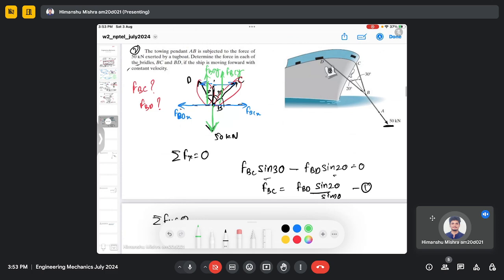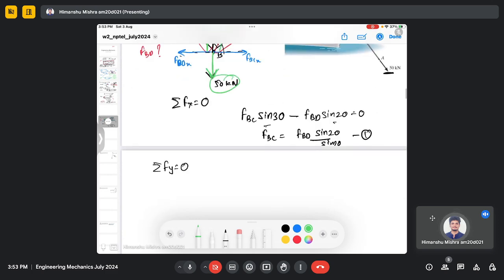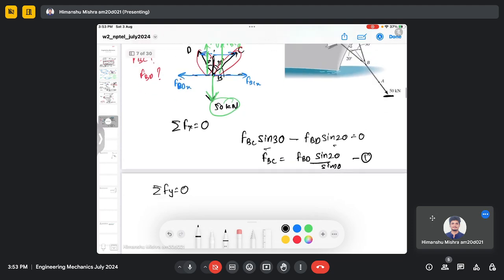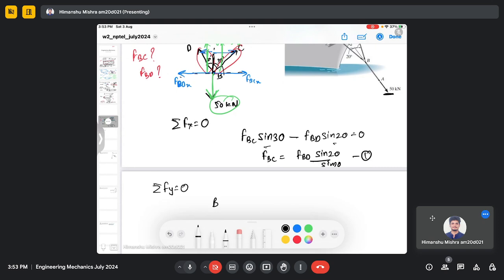Two are components and one is directly given as 50 kilonewton. So it will be FBD cos 20 plus FBC cos 30 plus 50 equals to 0. So this is our second equation.